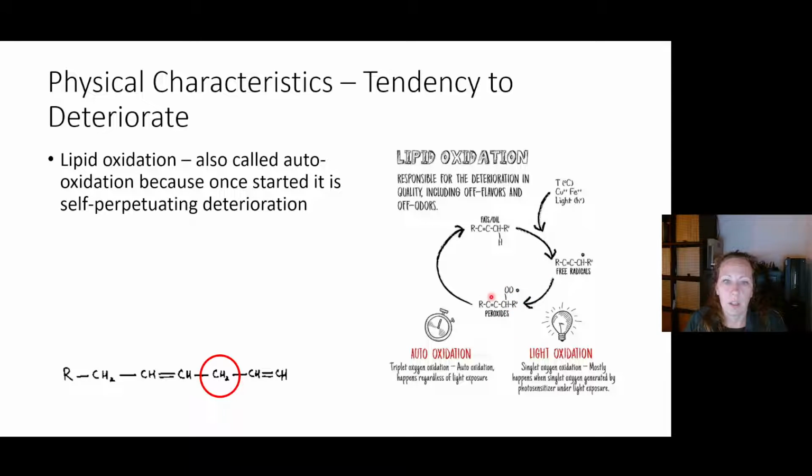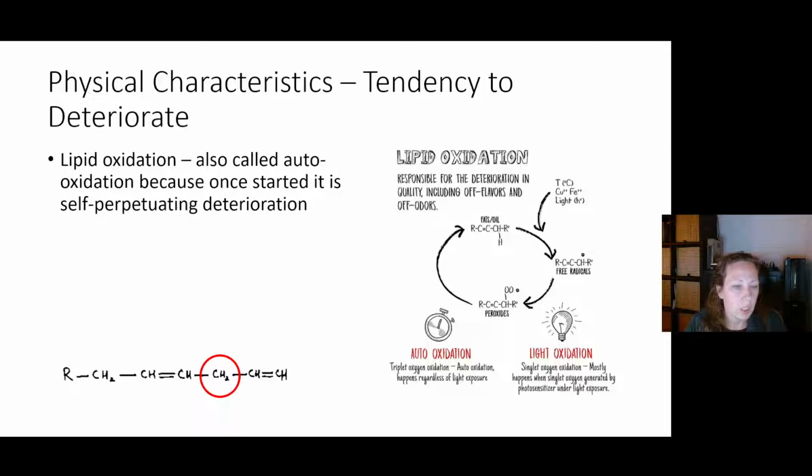Okay, and then this peroxide, there's still a free radical, and you just get this self-perpetuating cycle of more free radicals being created, because this will now steal a hydrogen, and because hydrogen will go on nicely here, it will steal that hydrogen, you create another free radical, and it's over and over and over again.